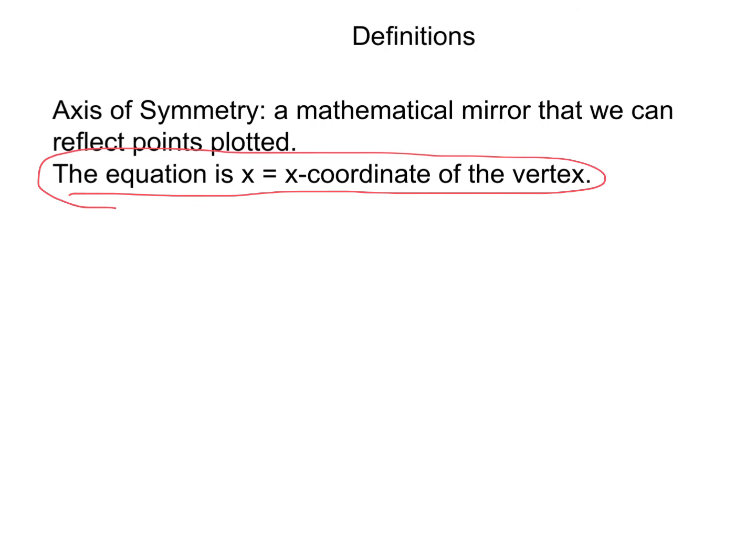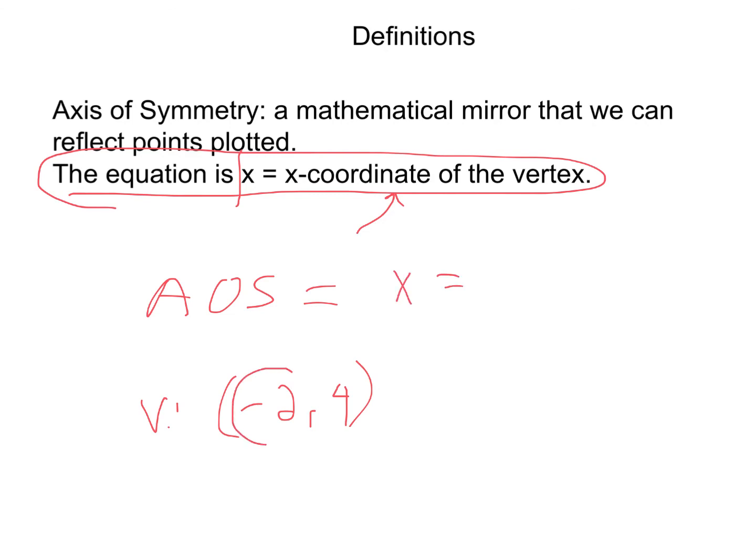And to do that, it's always going to be x equals, and then whatever the x-coordinate of the vertex is. So let's say, for instance, you're asked to find the axis of symmetry, and you're given the vertex coordinate of, say, negative 2, 4. Then your axis of symmetry is x equals, and whatever this is. So that's negative 2. Okay, we're going to be doing a lot of that.